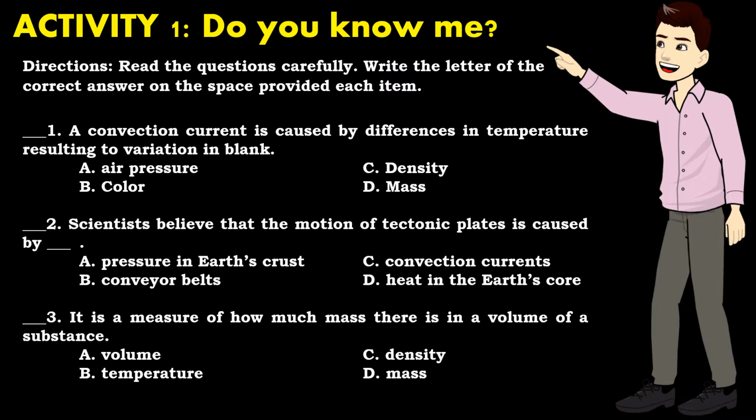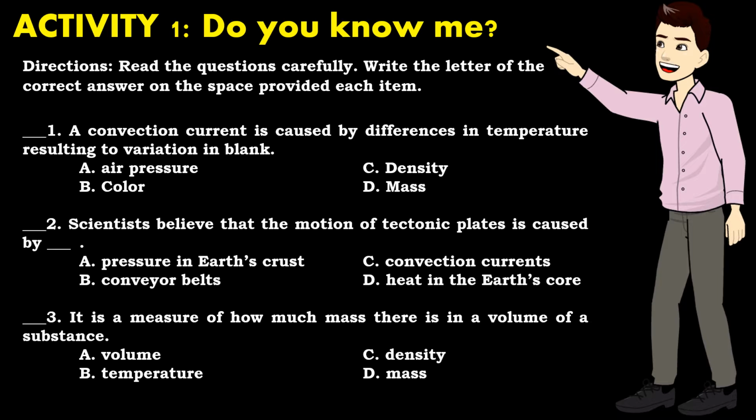2. Scientists believe that the motion of tectonic plates is caused by blank. A. Pressure in Earth's crust. B. Conveyor belts. C. Convection currents. D. Heat in the Earth's core. 3. It is a measure of how much mass there is in a volume of a substance. A. Volume.